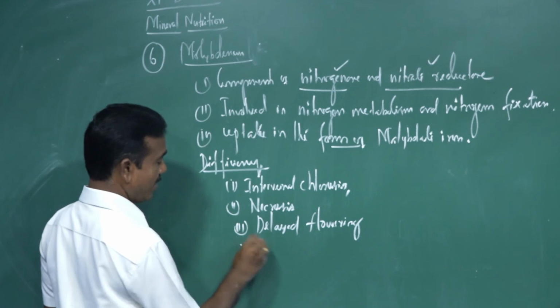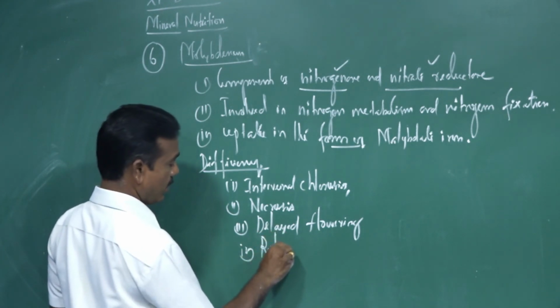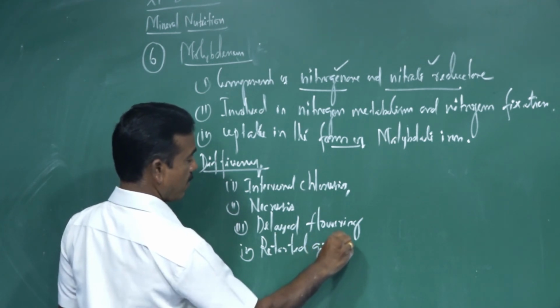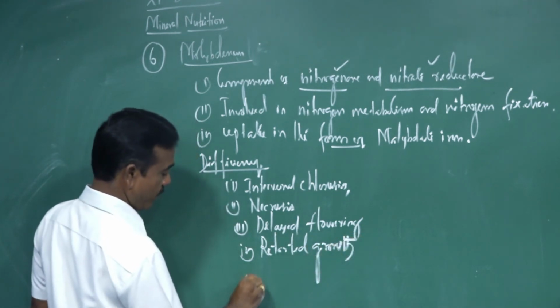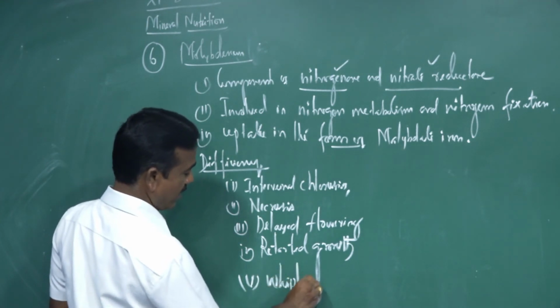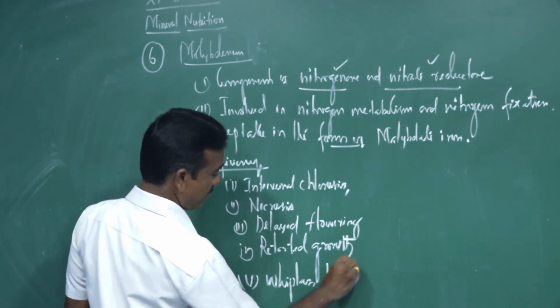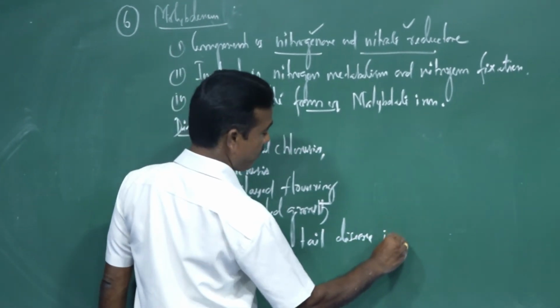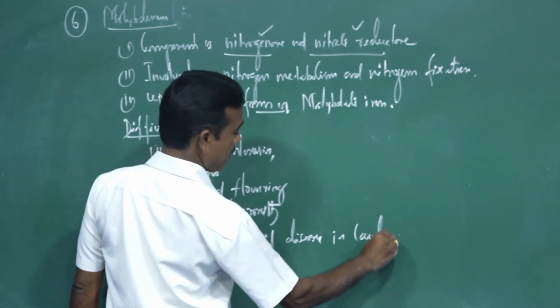Fourth one, retarded growth. Fifth one, whiptail disease in cauliflower.